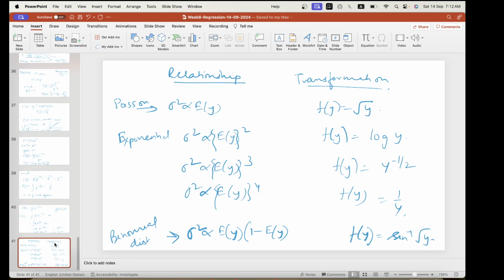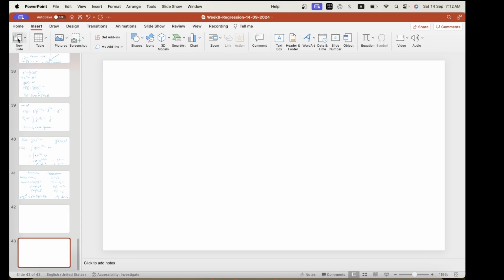We also learned about a different form of transformation, which is a transformation to linearize the model. Let's say the model is like this, that as x is increasing, y increases exponentially.